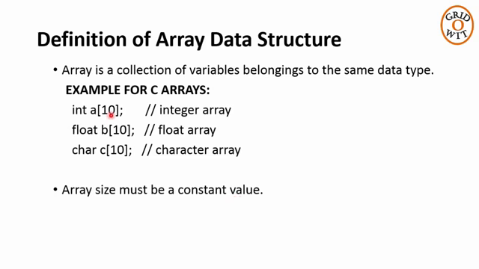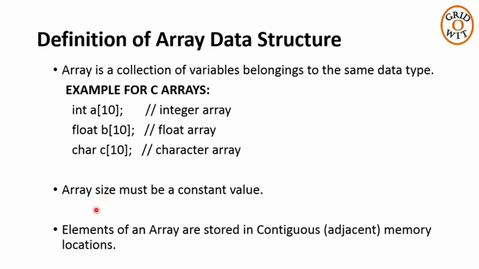For example, here 10 is a constant value, which is the size of the array. Next most important point is that the elements of the array are stored in contiguous, or we can say adjacent memory locations. We will talk about the address of the array elements and the address calculation in further lectures.